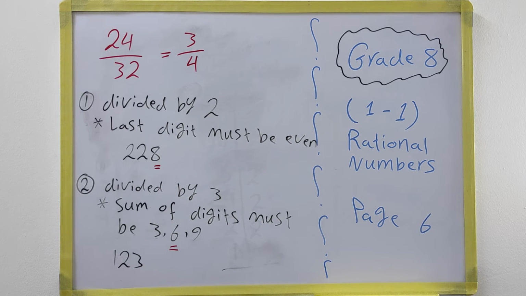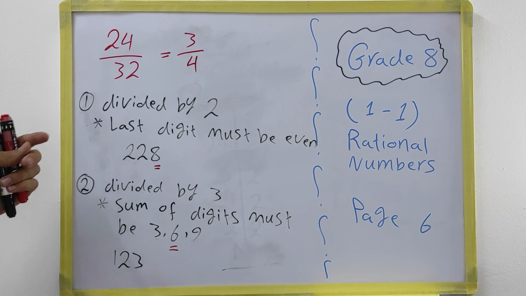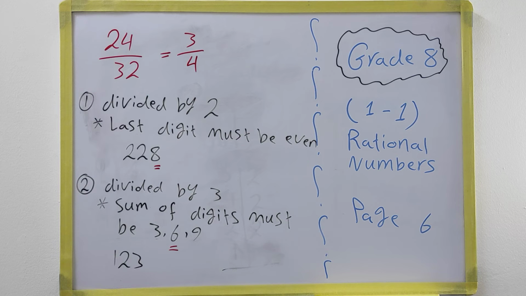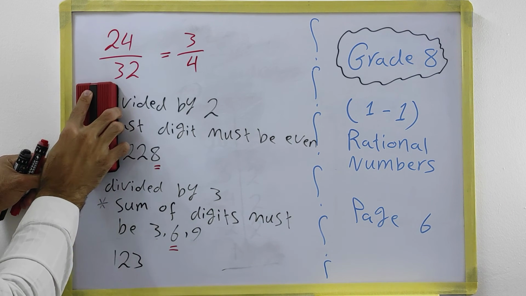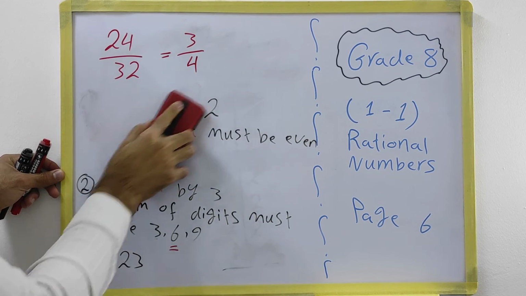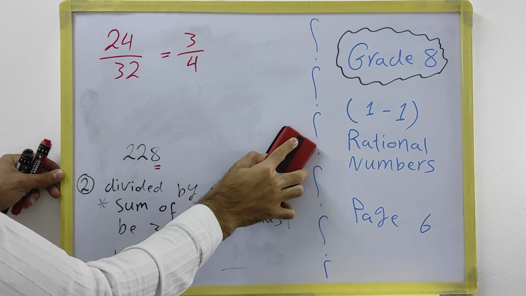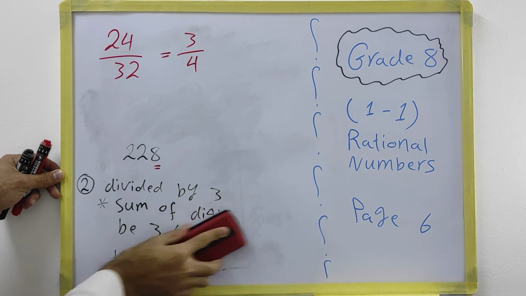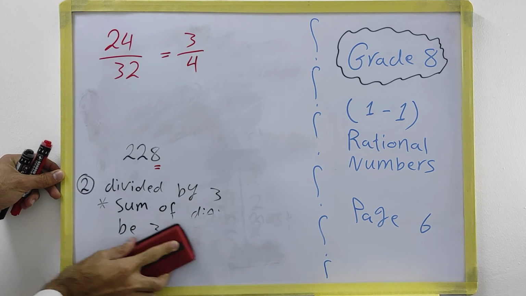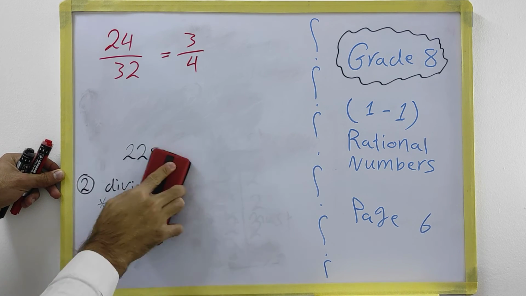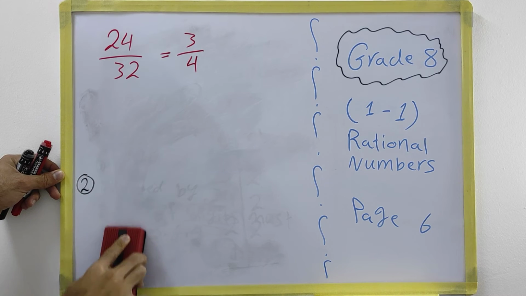That's how you can decide whether you can divide by 3 and by 2, and now you write about divided by 5. Let's see. To be able to divide by 5, again we look at the last digit.